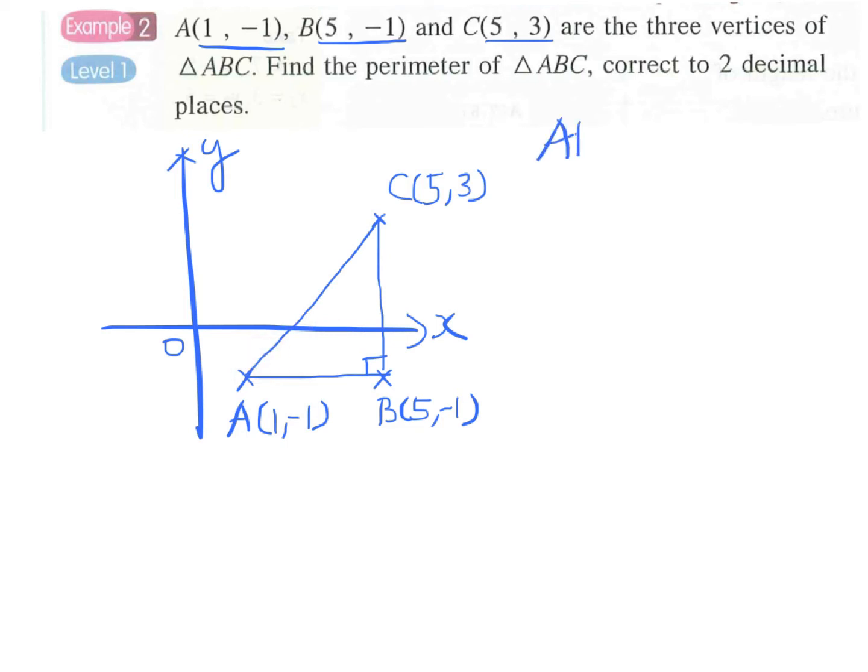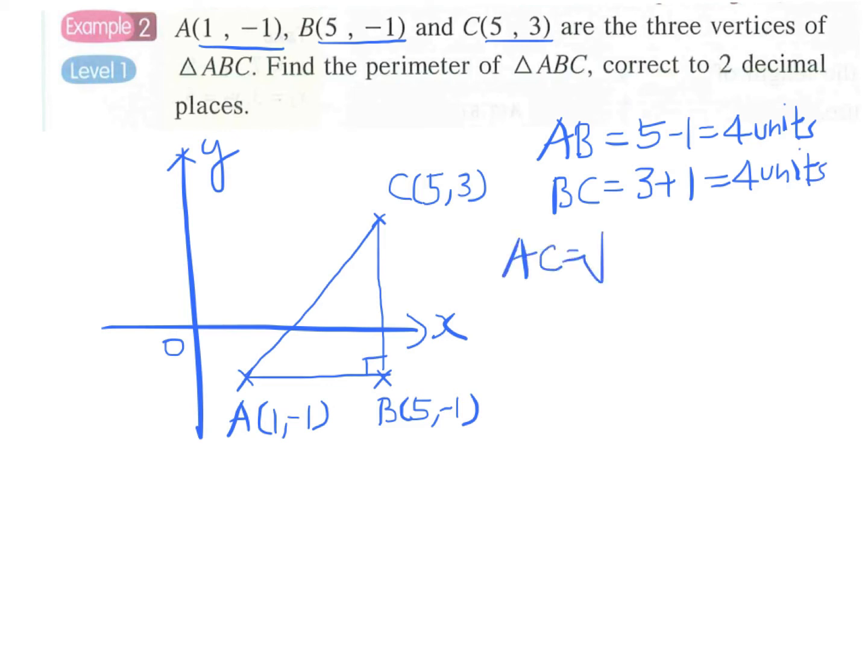Therefore, we can write down AB is 5 minus 1, 4 units. And then BC, this is a vertical line. 3 minus negative 1, therefore we have 3 plus 1, again, 4 units. And for AC, we apply the Pythagoras theorem or the distance formula.